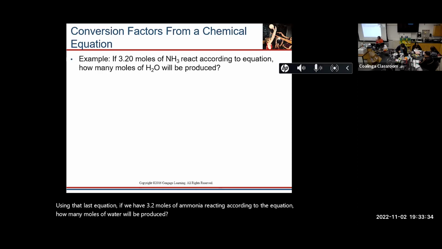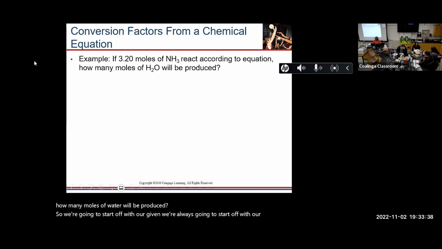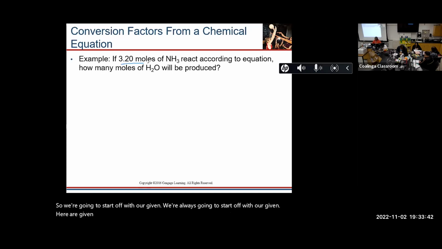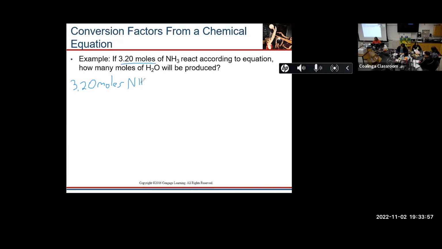So we're going to start off with our given. We're always going to start off with our given. Here our given is 3.2 moles of ammonia. Okay.